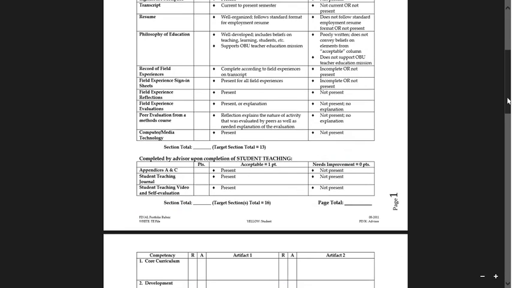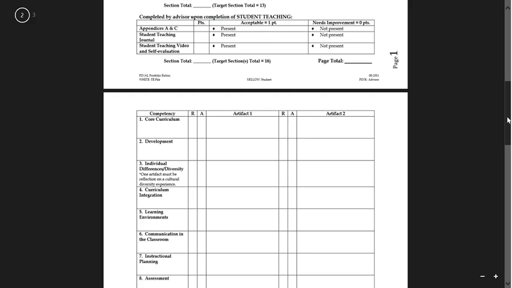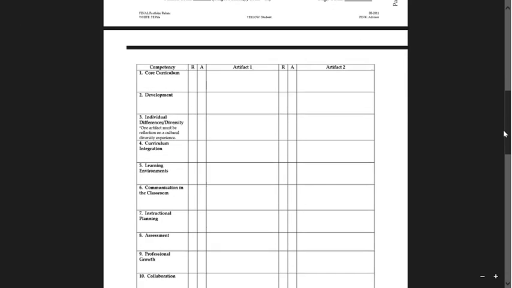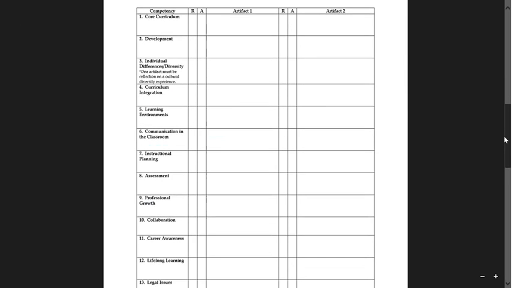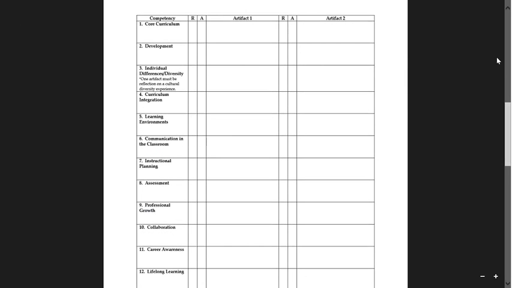So let's go on. The next part of the portfolio has competency areas. And as you can see, they're basically stated as categories, core curriculum, but I don't know what that means, what the competency is related to core curriculum.